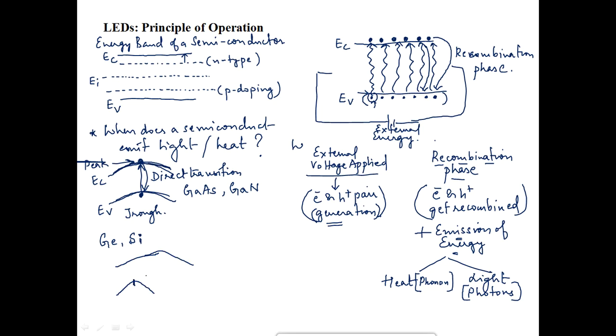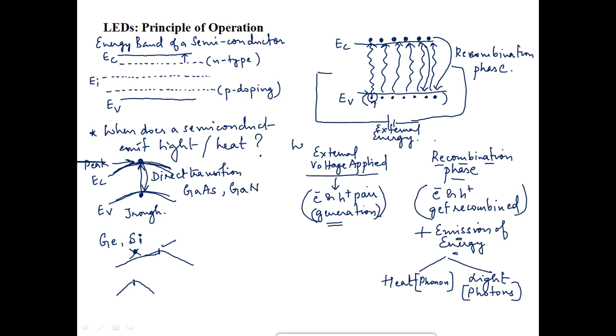Which means the peak of the valence energy level and the peak of the conduction energy level are not aligned, which was not the case in direct band gap semiconductors. Actually here the peak or valley of the conduction energy level should have been here, but instead it is here. So it's not perpendicular.